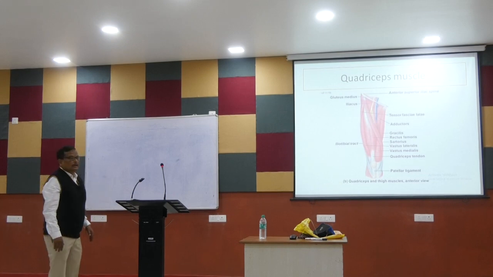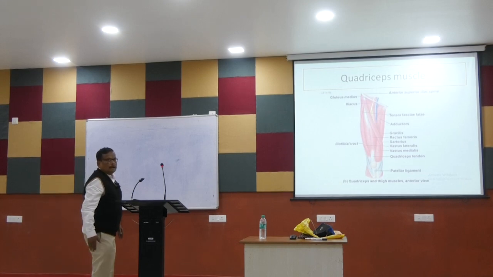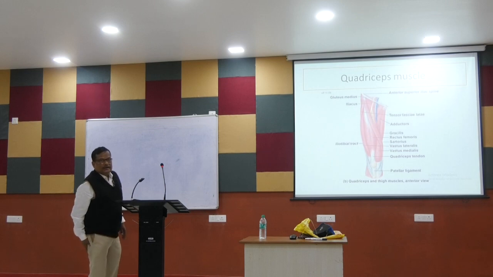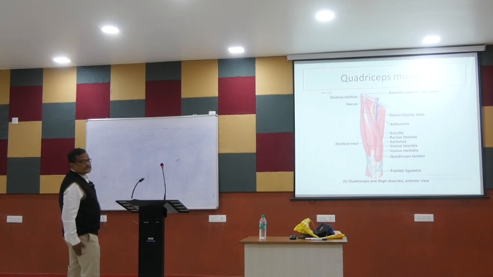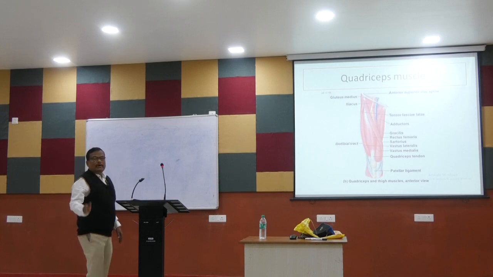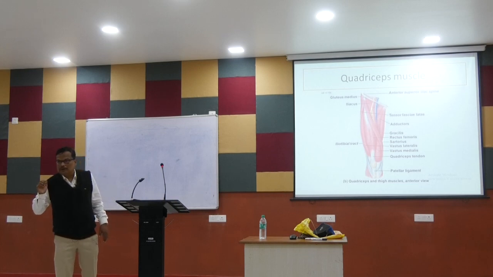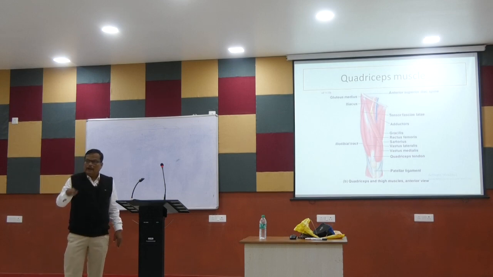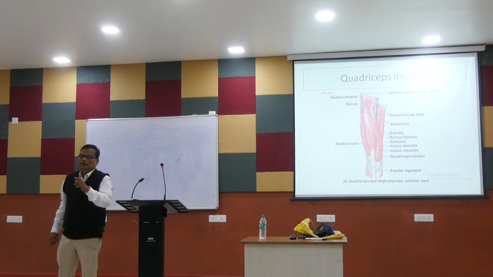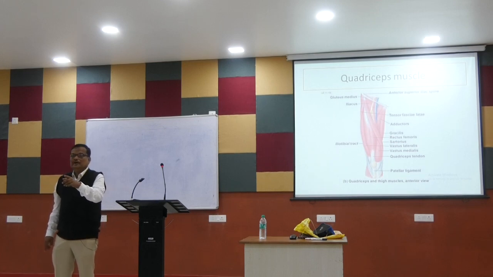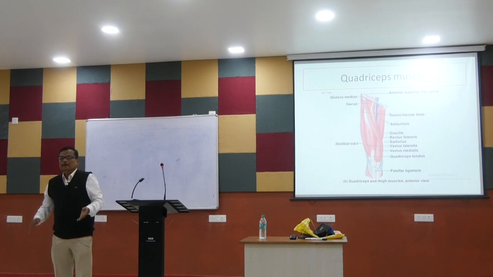For example, if you dissect the popliteal fossa or posterior aspect, if we cut the skin, you will find the superficial fascia, then the deep fascia, then you will find the muscles.